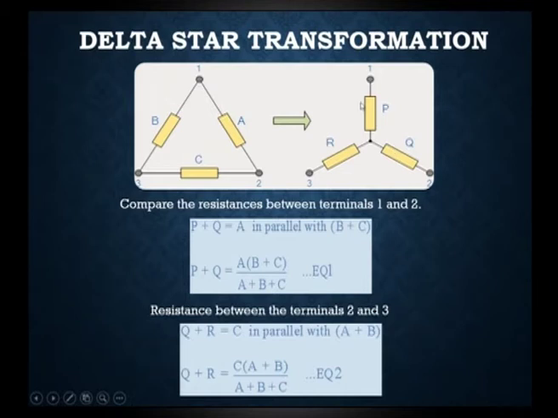So, we can find the P plus Q value with the help of the delta using this expression, equation 1. Similarly, we consider the second pair of terminals, 2 and 3 of the star. We do not know the value of Q plus R here. In 2 and 3 we get two elements, R and Q, whose star-connected values we do not know.